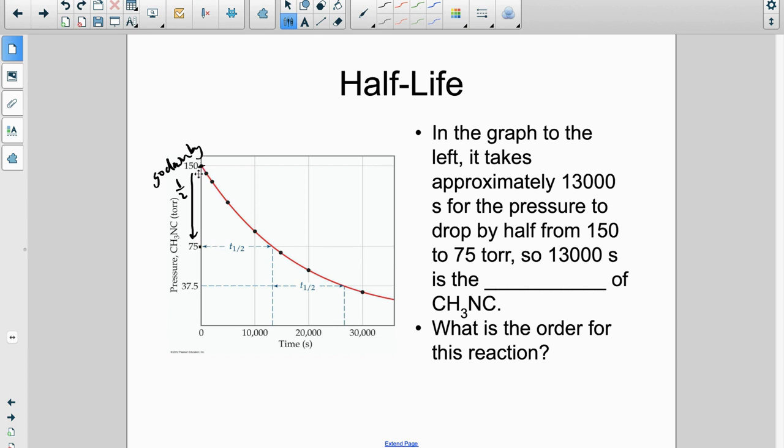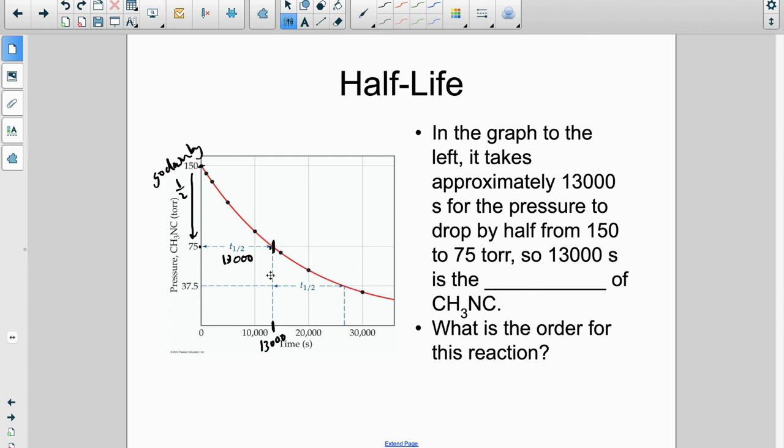So we want to figure out how much time it took for it to go from 150 down to 75, to this point right here. So if we look down here, you can see the time is approximately 13,000 seconds to get to that point. Okay, so that's our half-life. Our half-life is 13,000 seconds.